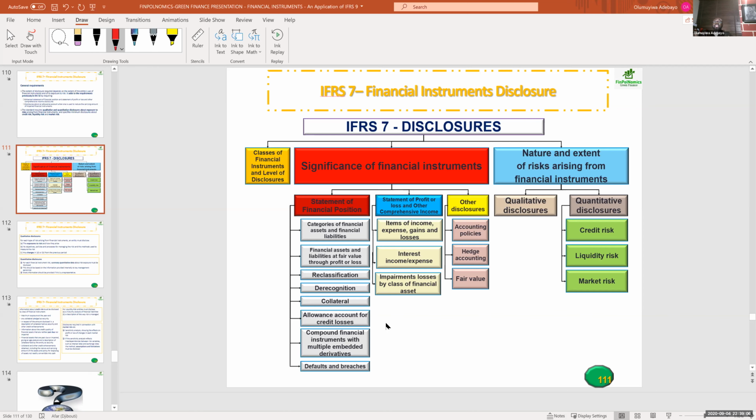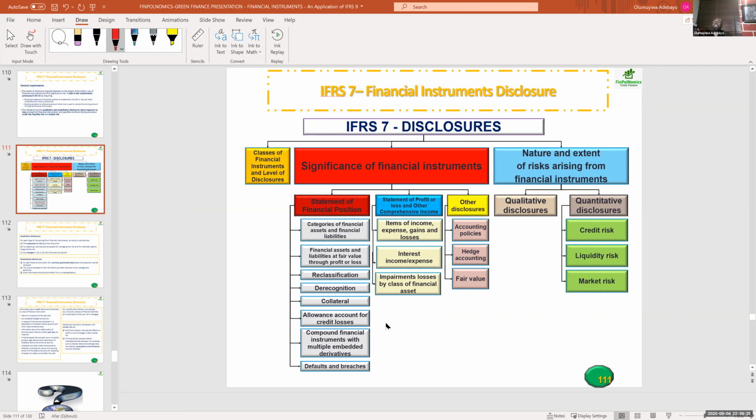Now, for balance sheet effect, you need to disclose the category as we have said earlier. You need to show us financial assets that you measure at fair value to profit or loss. You need to give us details of any reclassification you have done as regards financial assets for the reporting period.